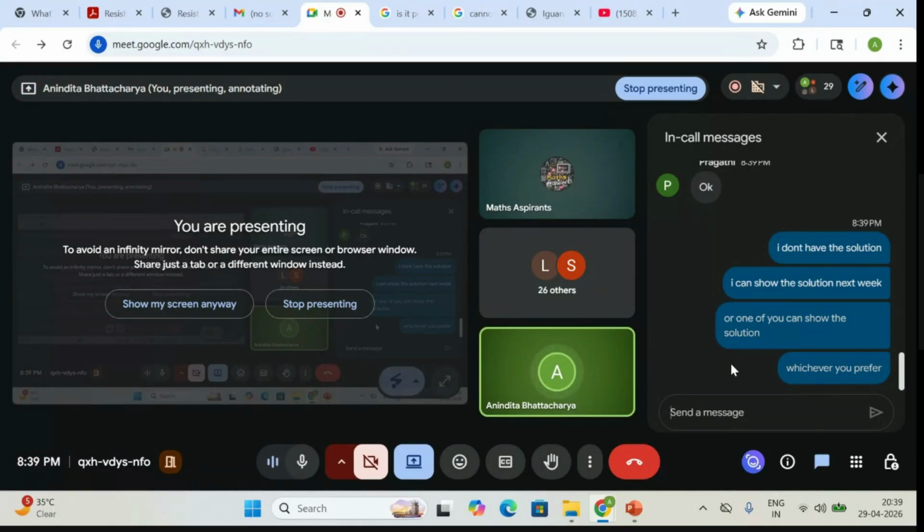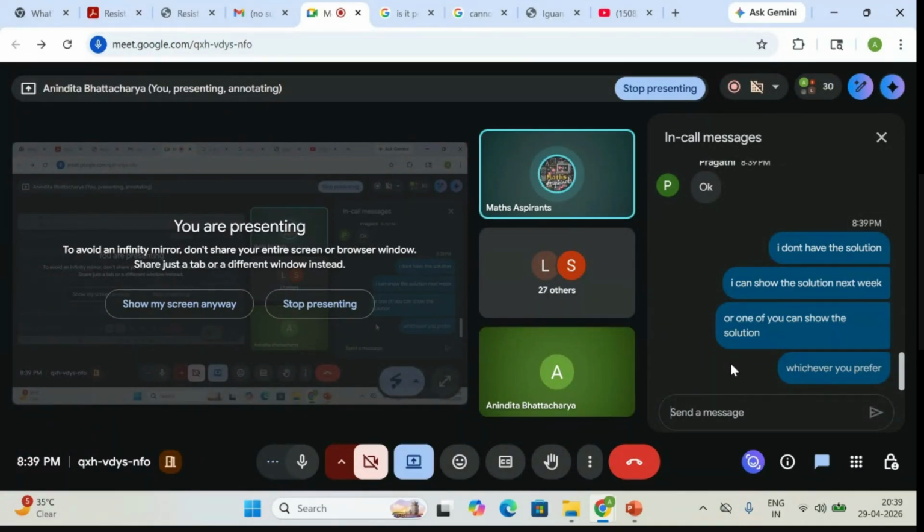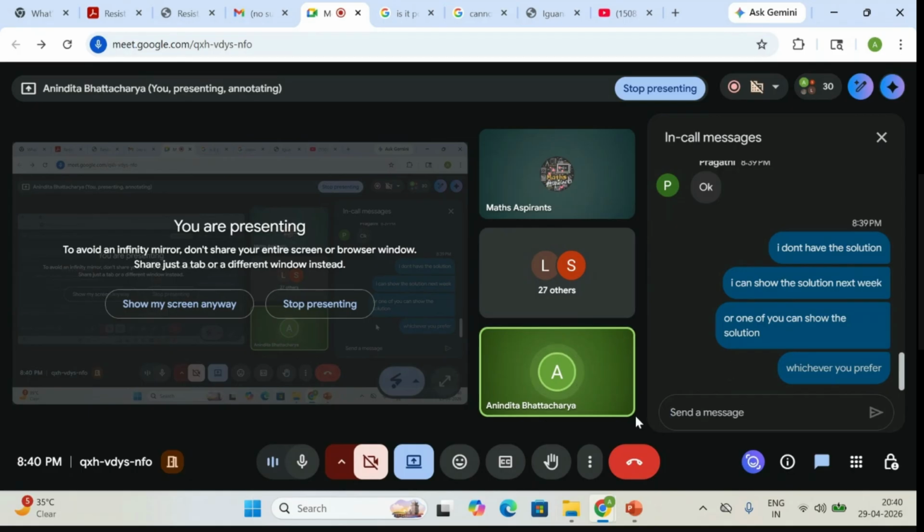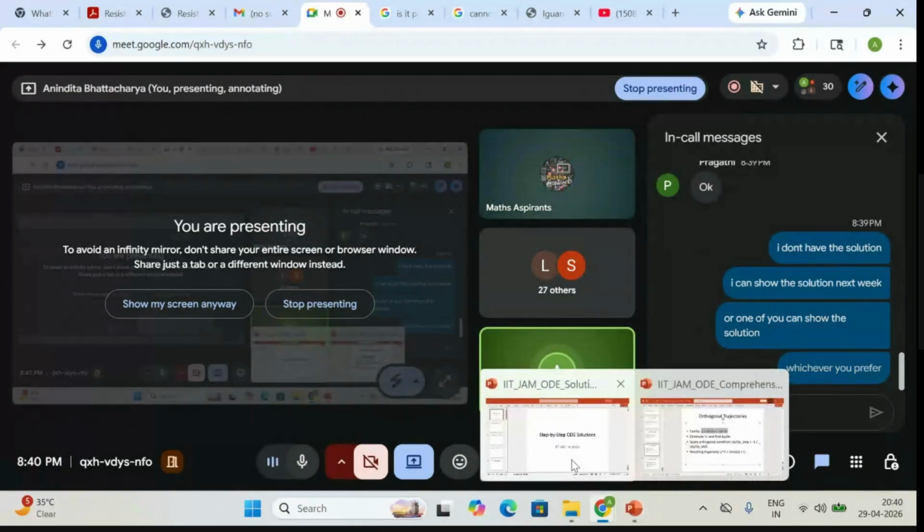Do any of you want to show the solution? You can do that. I think sir will help you to share the slide or something, I am not sure. Yeah, Anindita, other participants may not be able to share their screen. Oh, okay. So I will show the solution next week. No problem. Okay, sir. Thank you, sir.